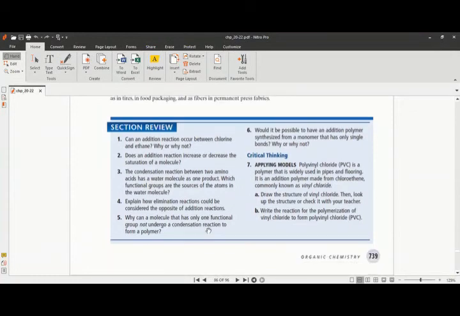Question number three: the condensation reaction between two amino acids has a water molecule as one product. Which functional groups are the sources of the atoms in the water molecule? The water molecule comes, if you remember, from a hydrogen and a hydroxyl group. The hydrogen comes from the amine group, and the hydroxyl comes from the acid.